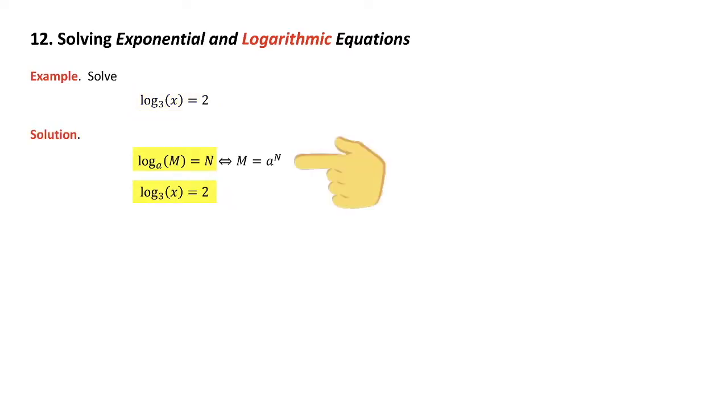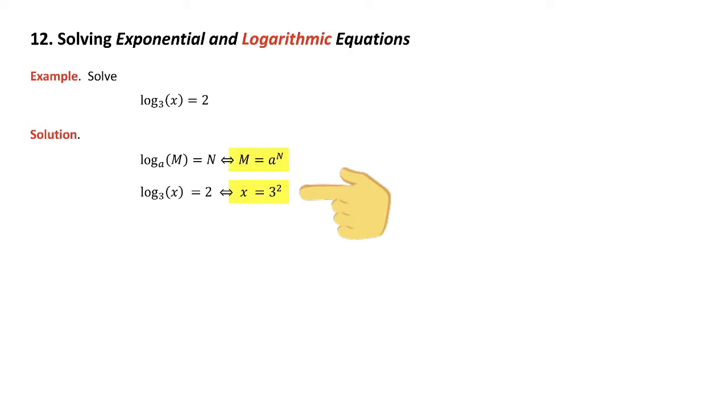Once we have a single logarithm equal a number, we're going to go back and use the definition. We're going to convert it into the exponential form. But in order to do this, it has to be a single log equal a number, because notice how it works out. Just plug in, and it's x equals 3 squared, which is 9.